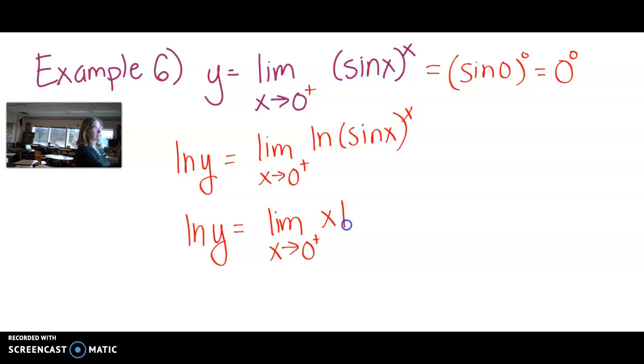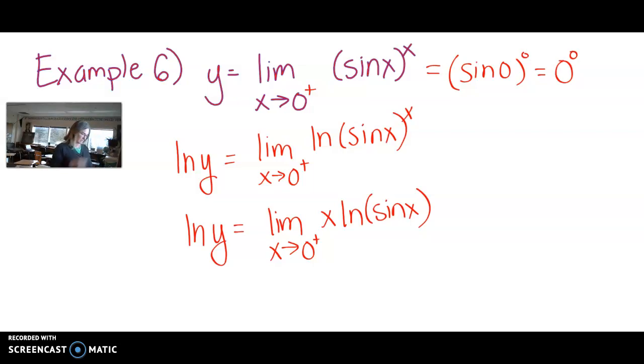So bring that x down, and I get x times ln of sine of x. Now, if I plug in 0, I get 0, and then ln of 0. That doesn't work. We can't do ln of 0.